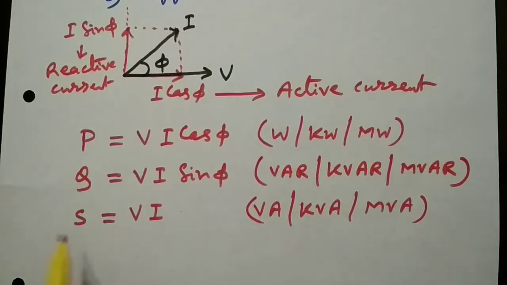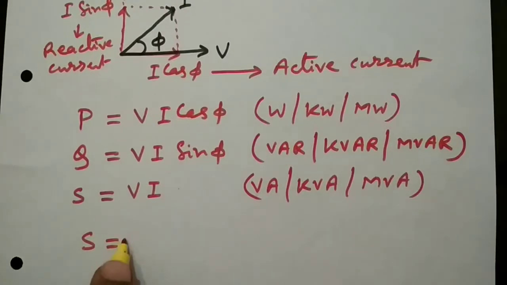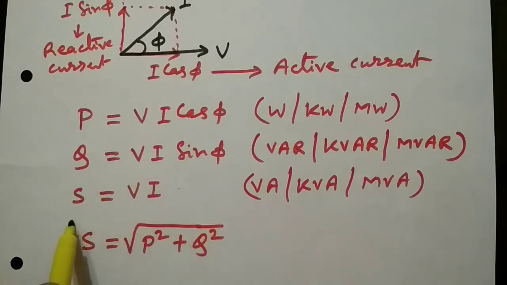Now the relation between these three powers can be written as S is equal to the square root of active power squared plus reactive power squared. So this is also the relation between these three powers.